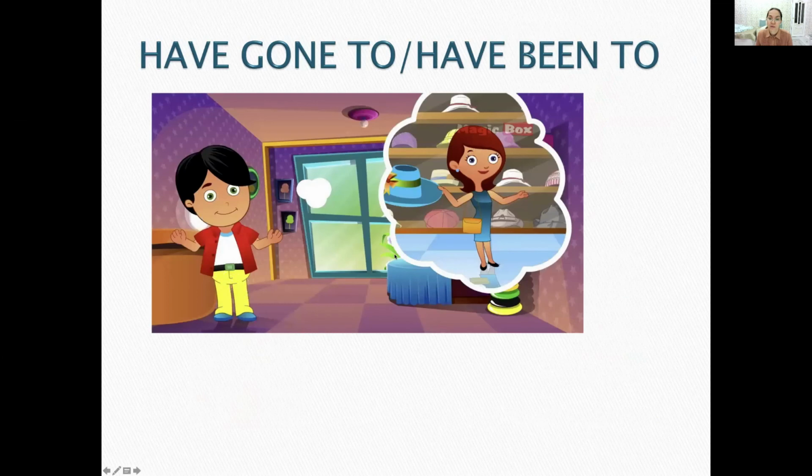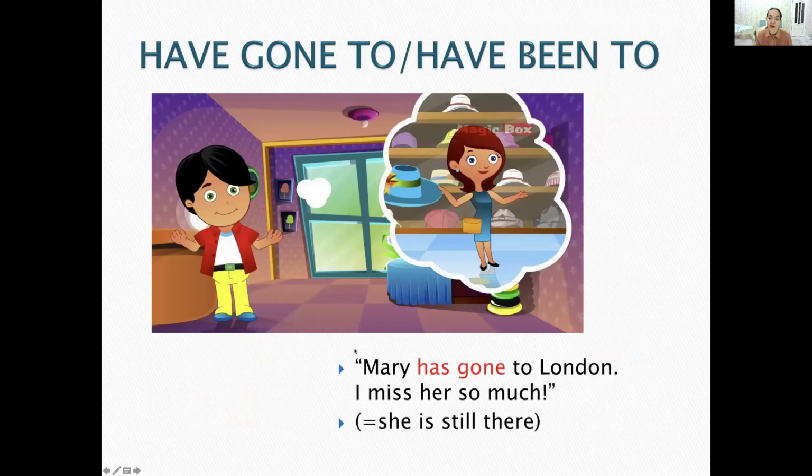Have gone to and have been to, the difference between them. For example, Mary has gone to London. I miss her so much. It means she is still there. She hasn't returned yet. So has gone to means you have gone somewhere and you haven't come back yet.